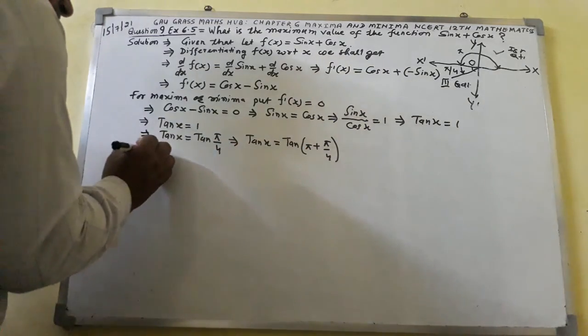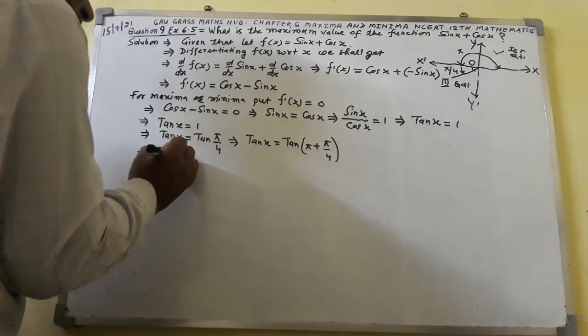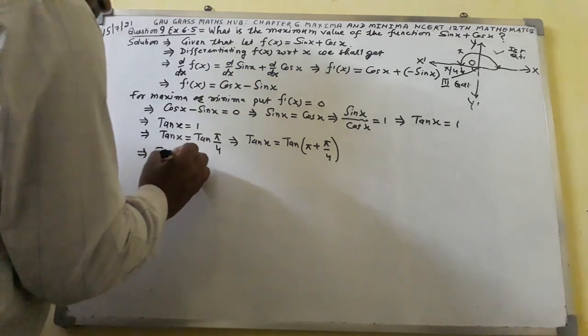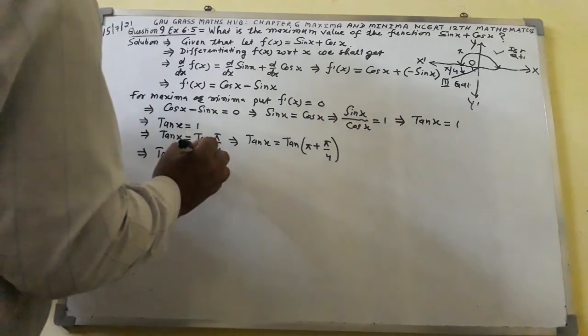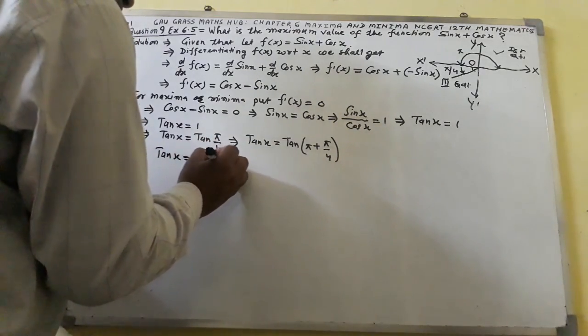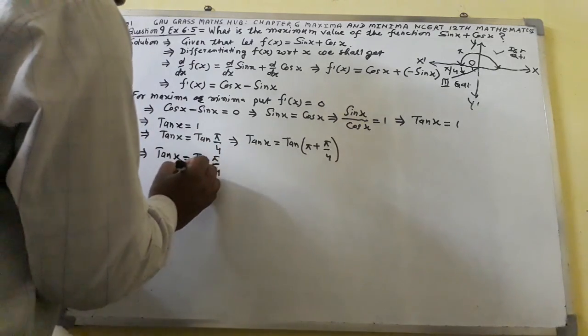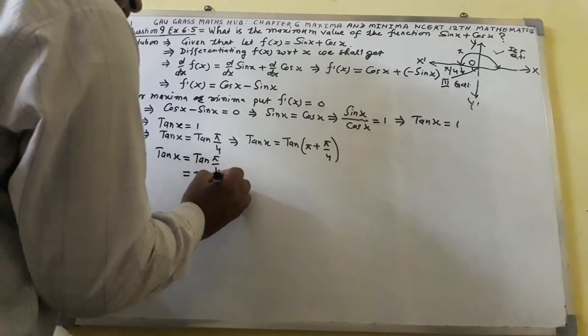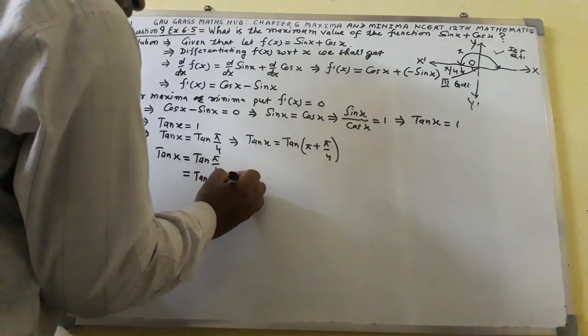So here again I can write, tan x equal to tan pi by 4 equal to tan pi plus pi by 4.